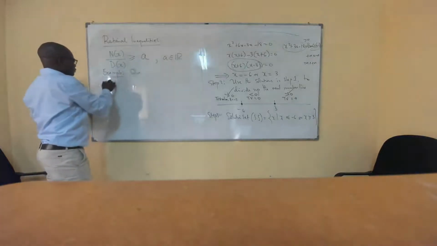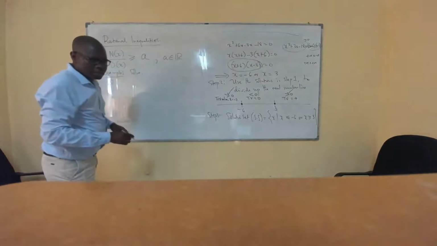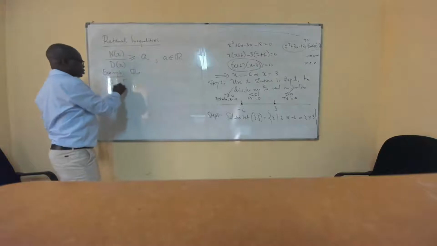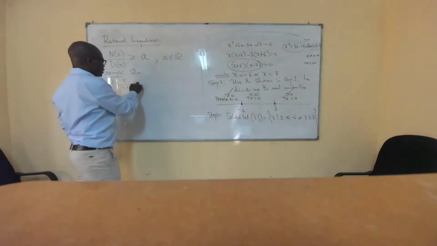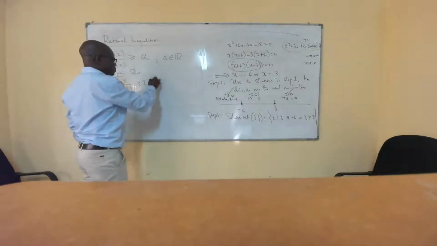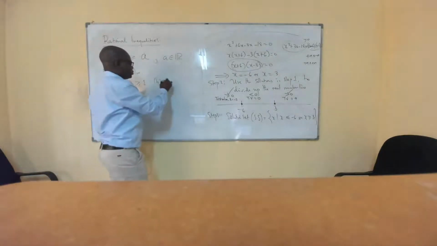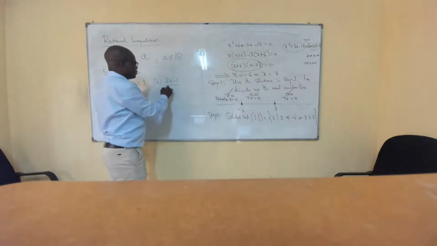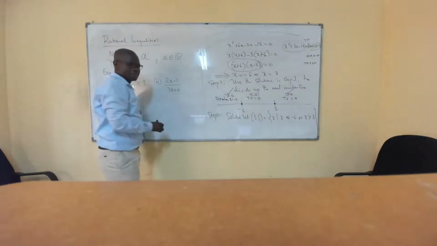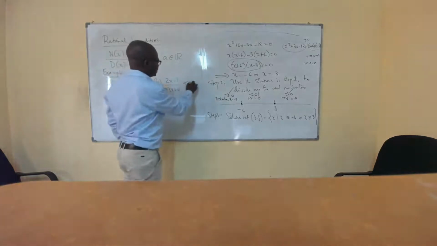For A, we are given 5 over x plus 4, which should be greater than or equal to 1. For B, we have 2x as the numerator and 3x plus 4 as our denominator. This is less than 5.